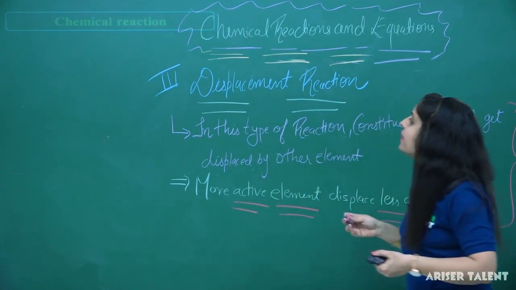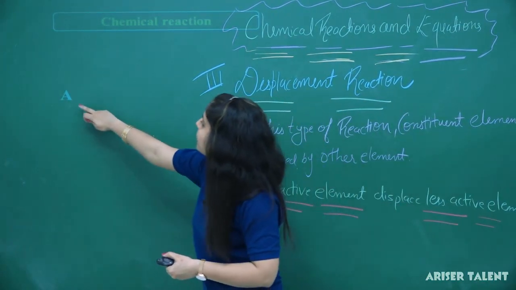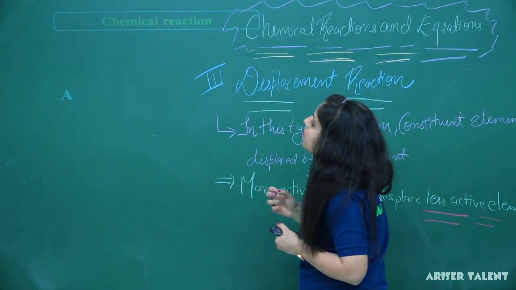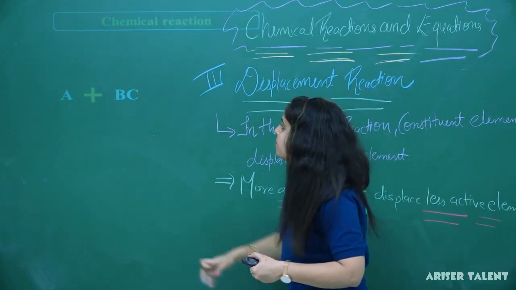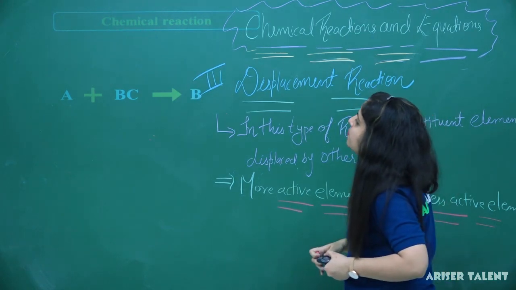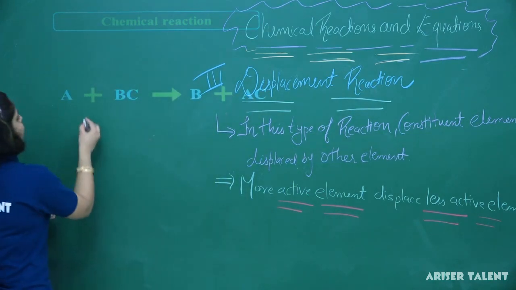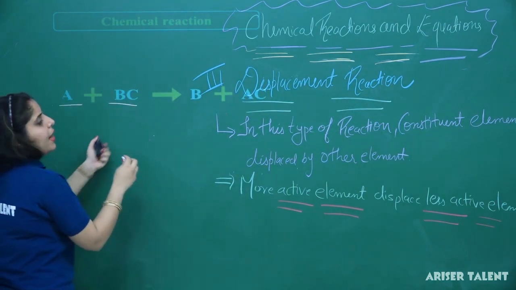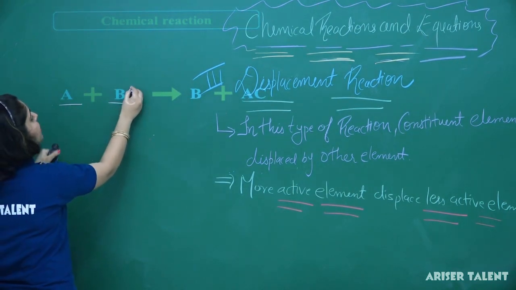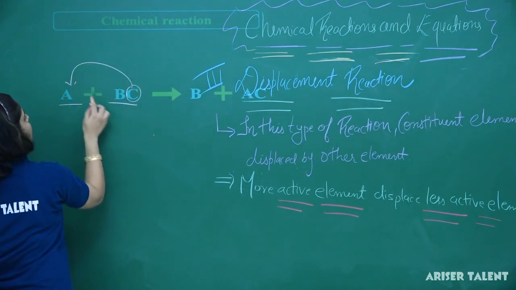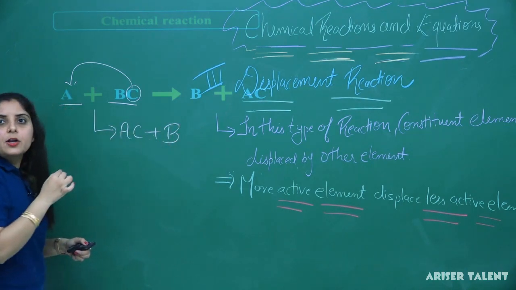Now we will understand with the help of a suitable example. We have any element A, and another compound BC. We see that B is less active and C is more active. So C reacts with A to give the product AC, and B will be displaced in this kind of reaction.